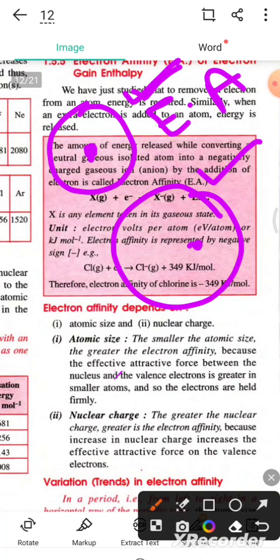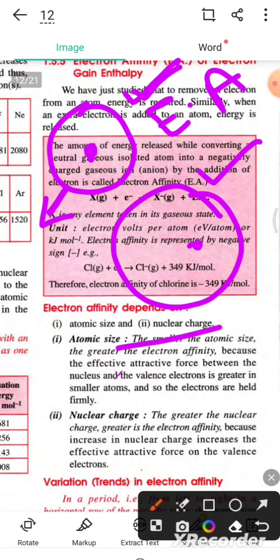More energy is required to remove an electron. In the same way, electron affinity means the amount of energy released. So when this atom converts into a negative ion, it will release more energy. In ionization potential we are putting in more energy, so obviously while converting into a negative ion, more energy will be released.